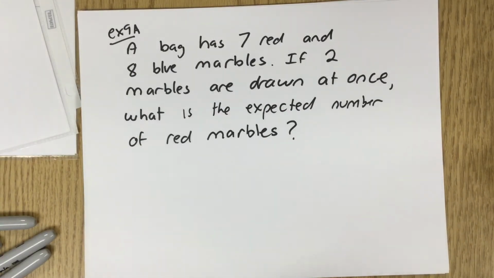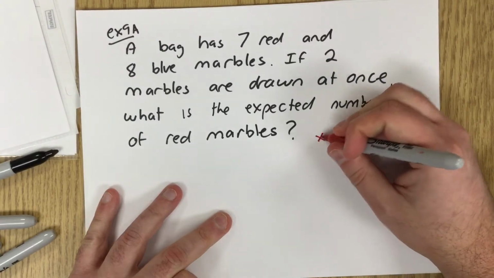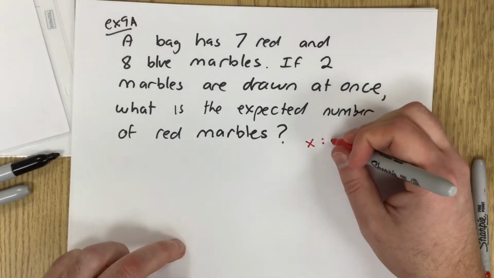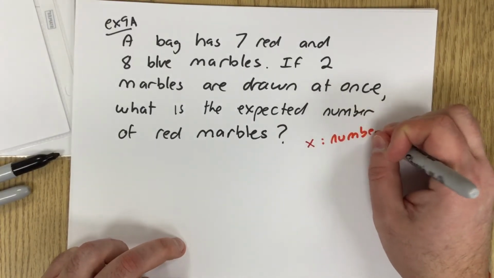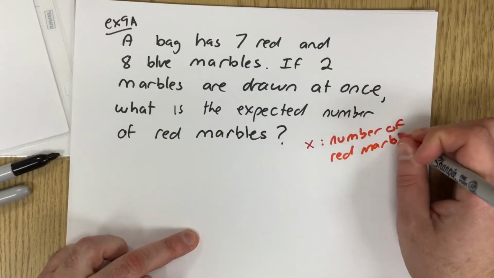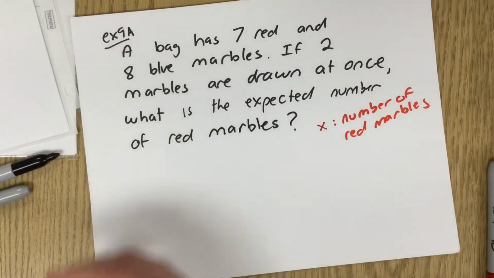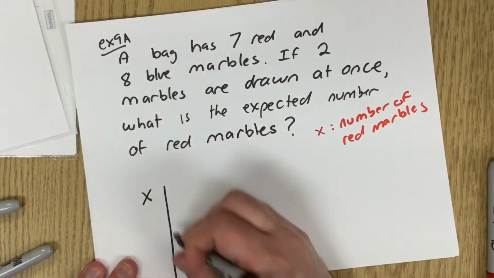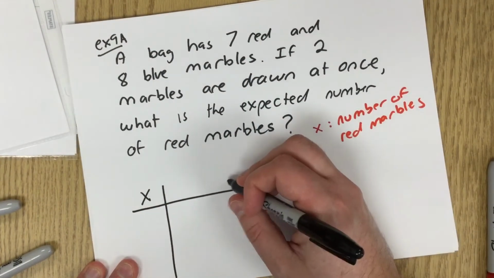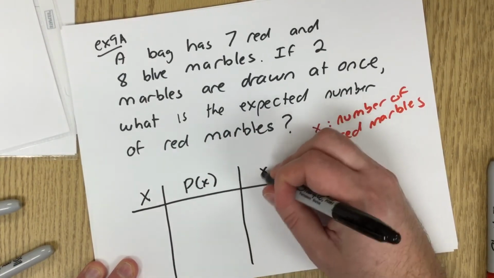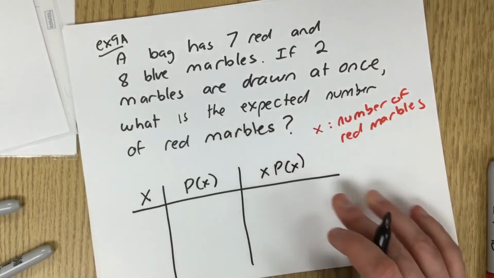So x is going to be the number of red marbles, and we're drawing 2 marbles. So there's our x, P(x), xP(x).